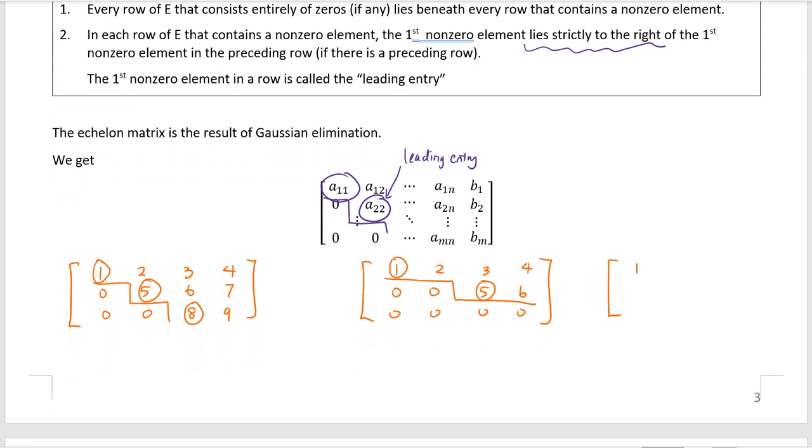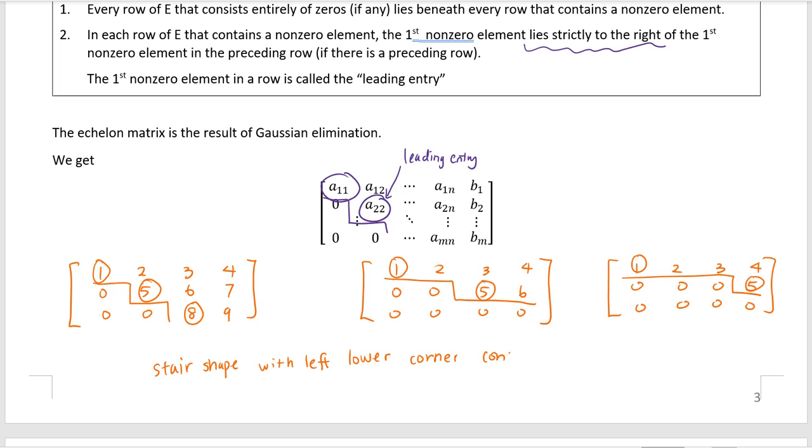Let's see one more example. So this is also an echelon matrix. And here, the first row, we have leading entry 1. The second row, we have leading entry 5. So we get a stair shape with the left lower corner consisting of zeros.